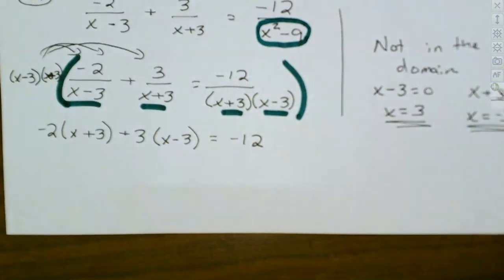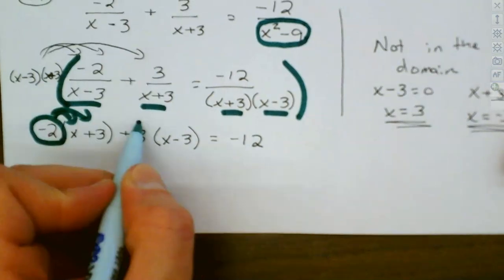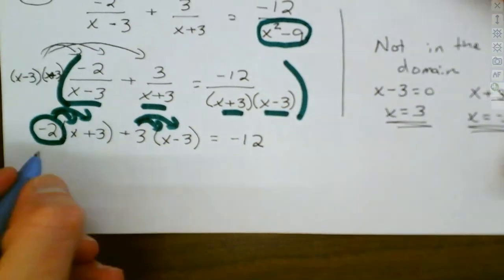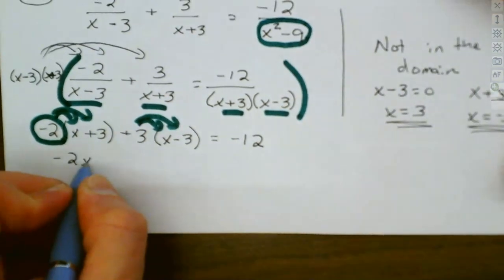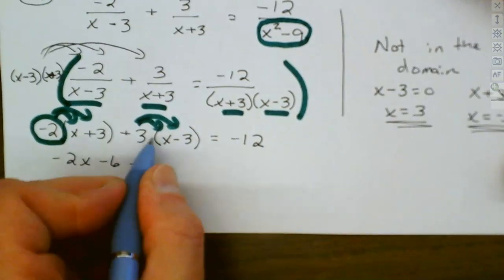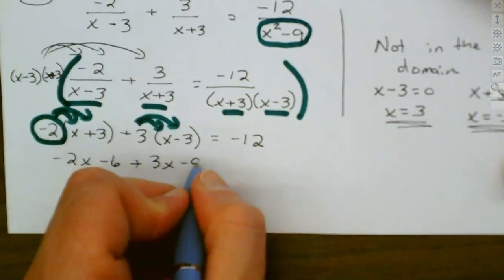Now let's go ahead and clean it up and see what we get for our solution. Careful with your negative 2. We've got to distribute that through. Same thing with our 3. So that's a minus 2x, a minus 6, plus 3x. 3 times a negative 3 is a negative 9.